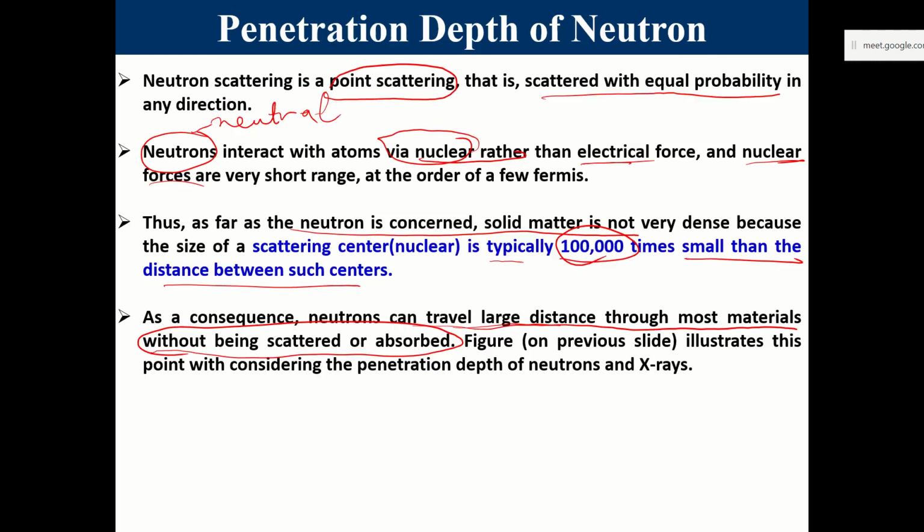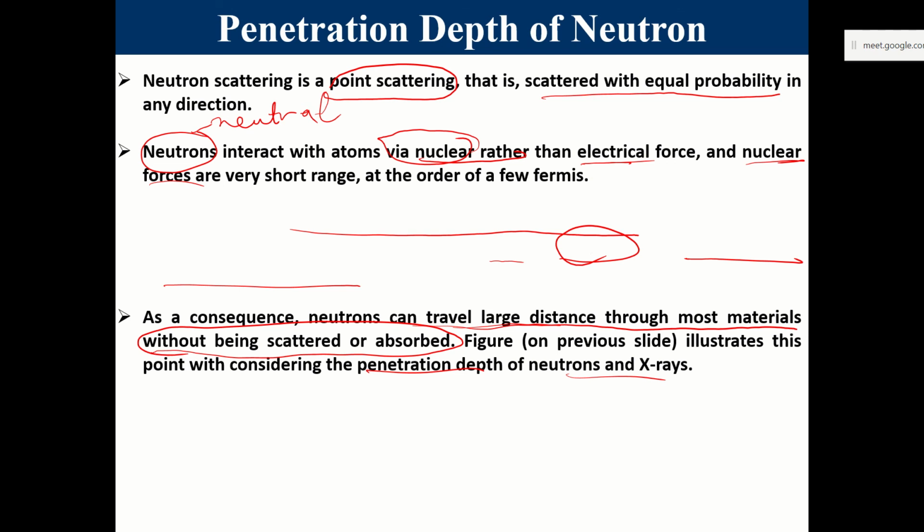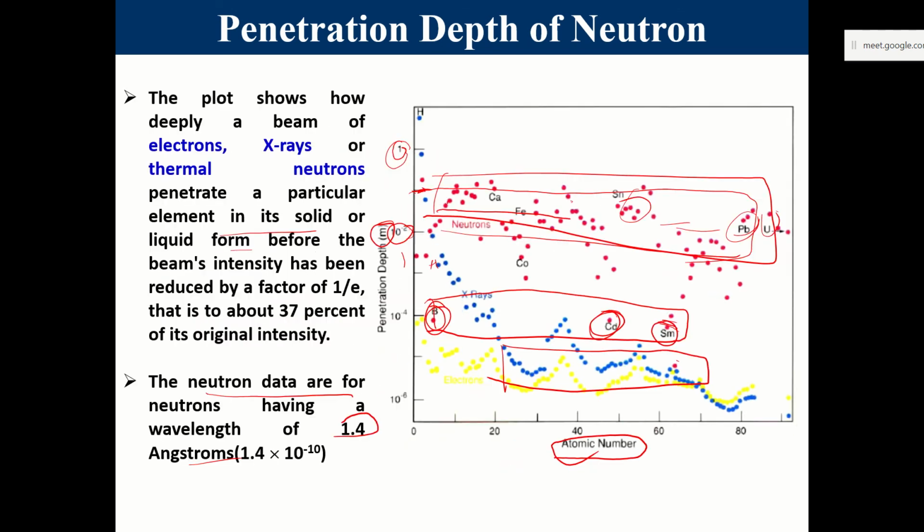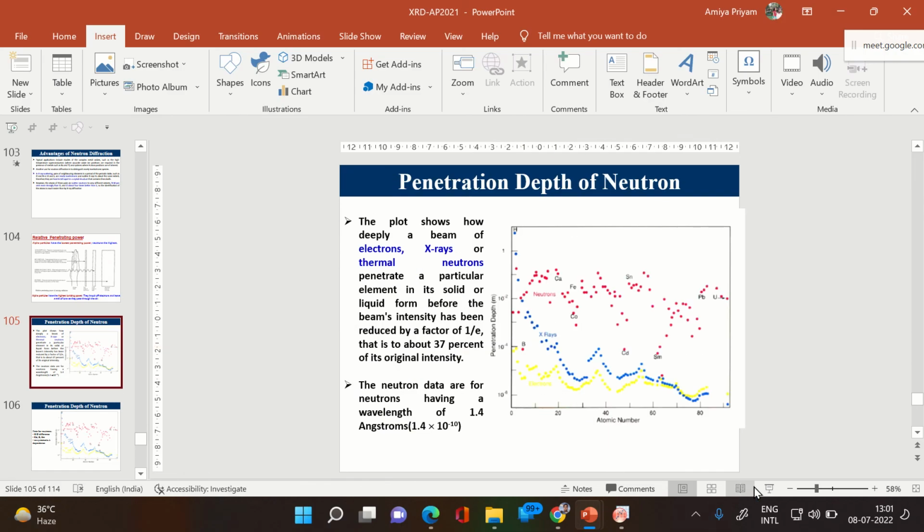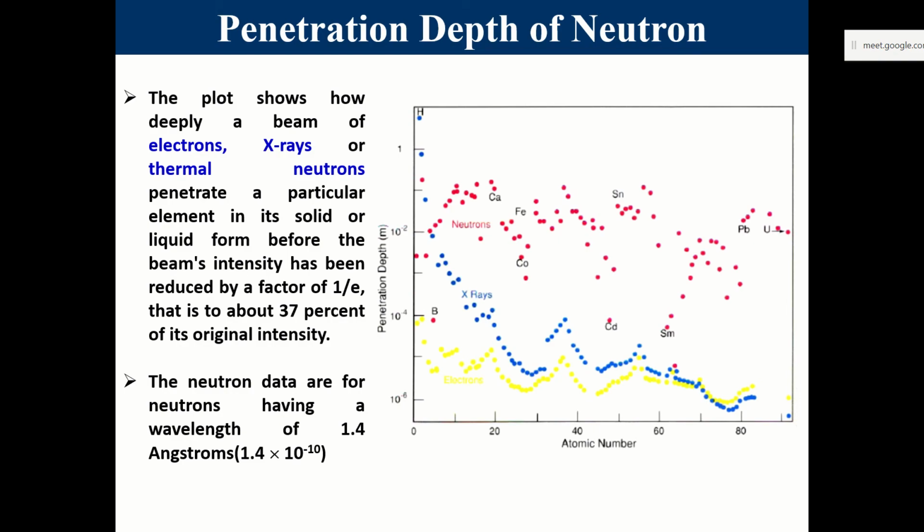We have already discussed the penetration depth of neutrons as compared to X-rays. In this same picture, if you use an electron beam, the yellow ones, I didn't discuss them. The yellow ones are the electron beam. The electron beam has even less penetration.